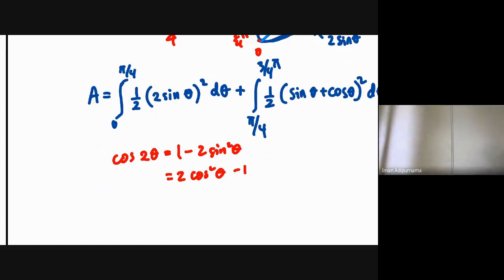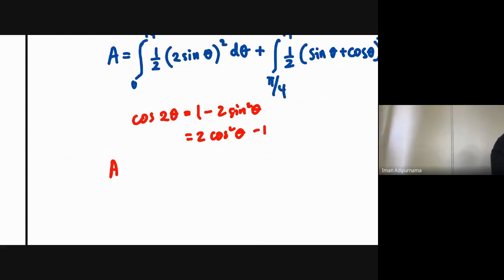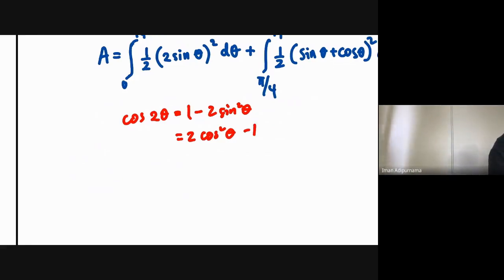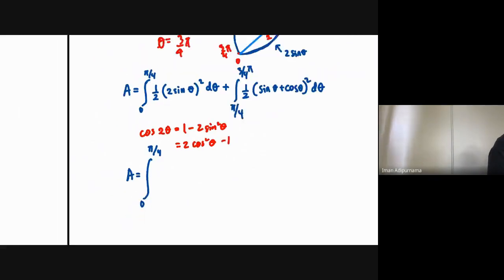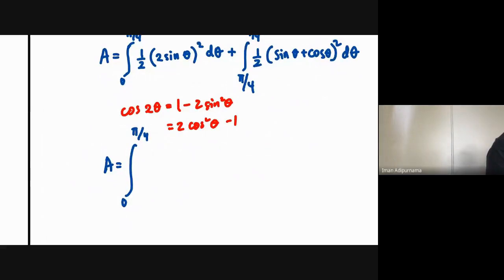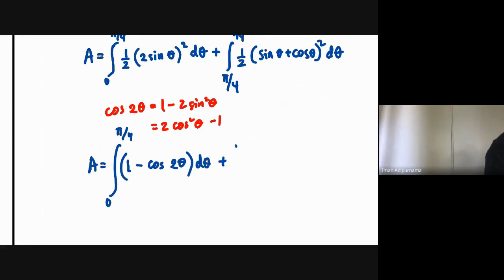So now we already have 2 sine squared. This is 4 sine squared, 4, so it becomes 2, right? So 2 sine squared is the whole thing here. So we can change to here, which means we are having 1 minus cosine 2 theta, right?